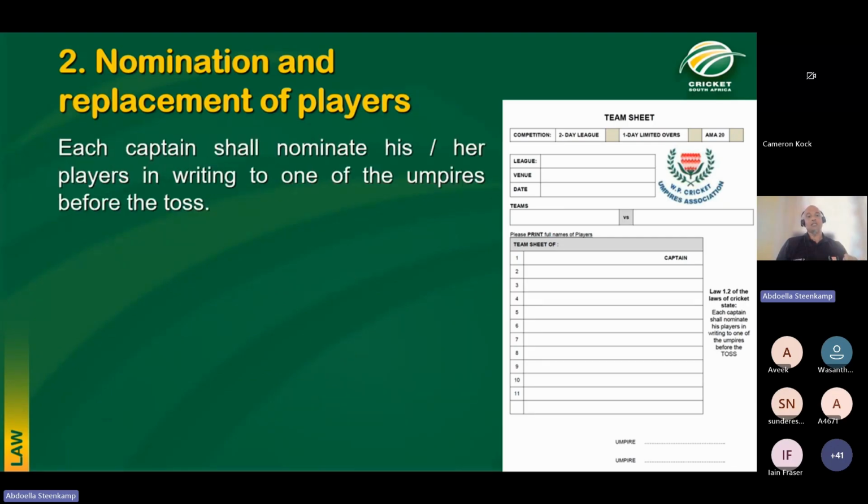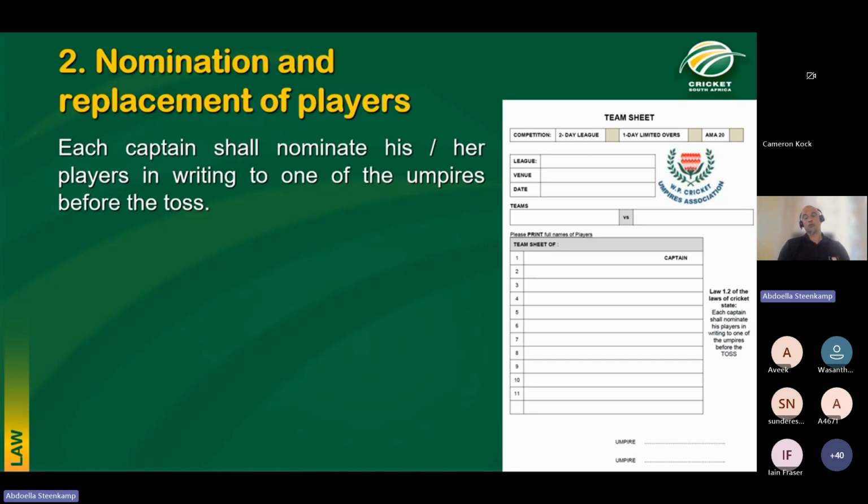When it comes to the nomination and the replacement of players, let's start with the nomination of players. The law wants the captain to nominate his or her players in writing. On the right-hand side is an example of a nomination sheet that we use here in Cape Town for club cricket.